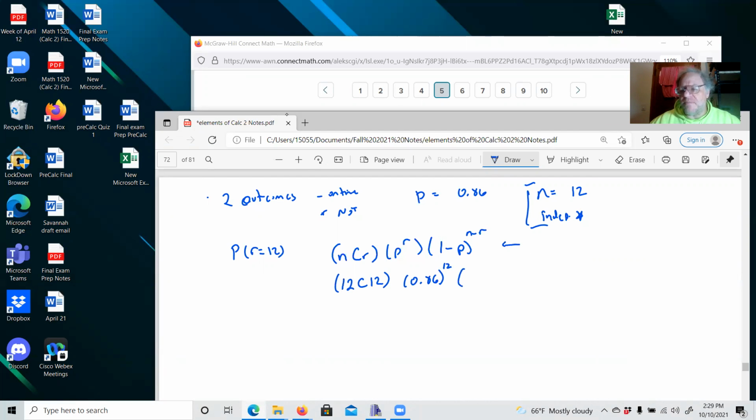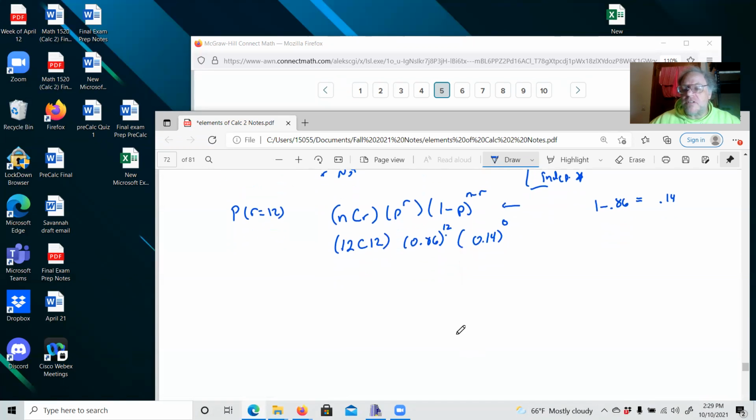If something costs 86 cents and you put down $1 on the table, how much change are you supposed to expect? That's going to be 0.14. So 1 minus P is 0.14. We started with 12 trials. We used up 12 tries. How many are left? 0. Okay, so we're just going to do this in turn.